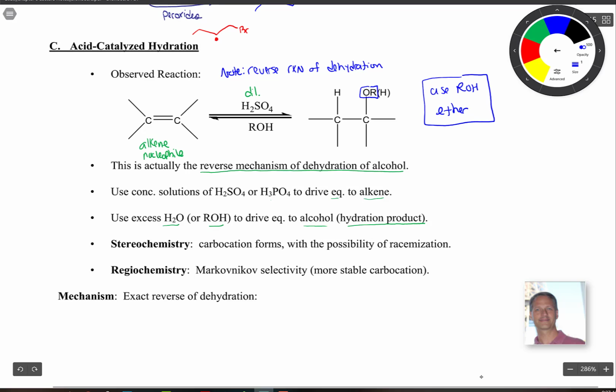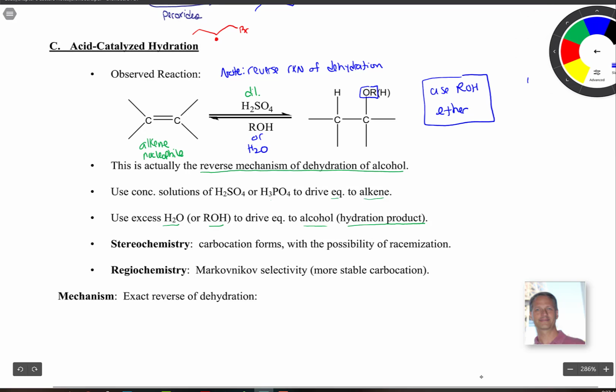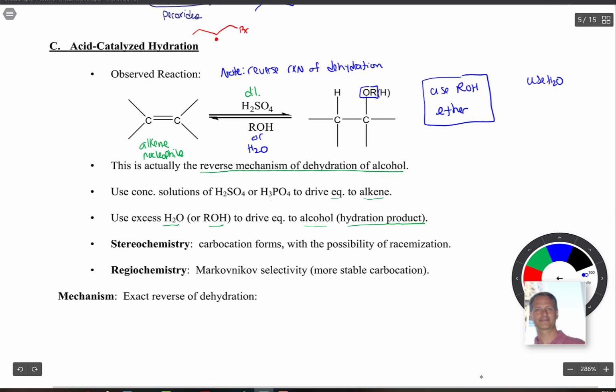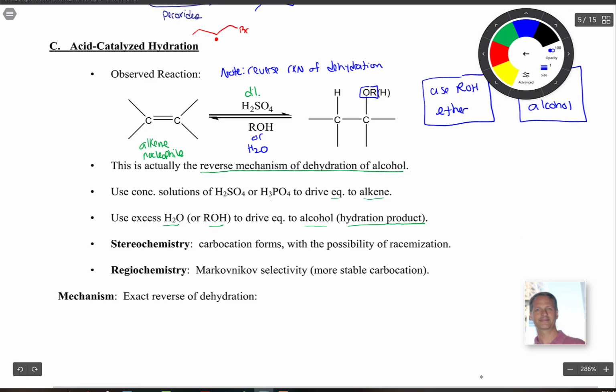So it's ROH or H2O. So then if we use H2O, what you get is an alcohol. And the mechanism's the same though for both of these.